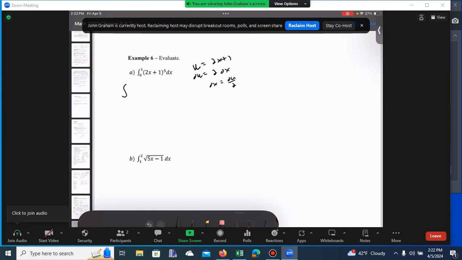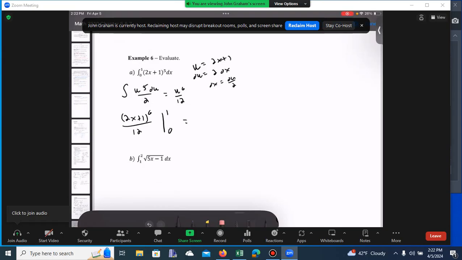So we'll switch this to u to the 5th, du over 2. Take the antiderivative: u to the 6th over 12. And then we'll plug in 2x plus 1 to the 6th over 12, evaluated from 0 to 1.